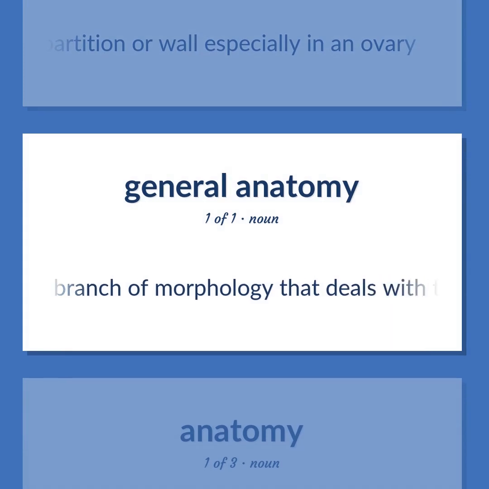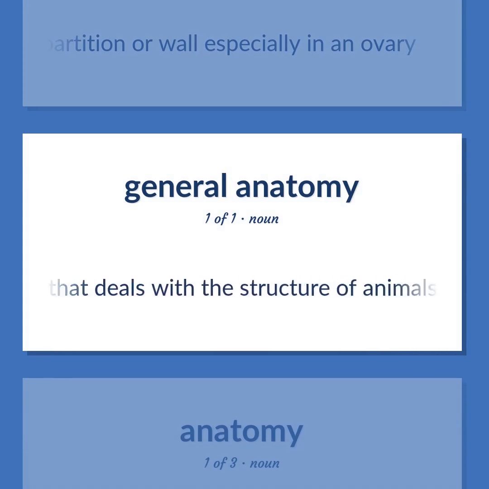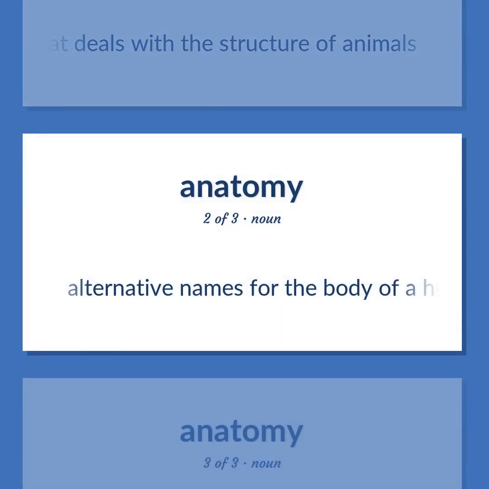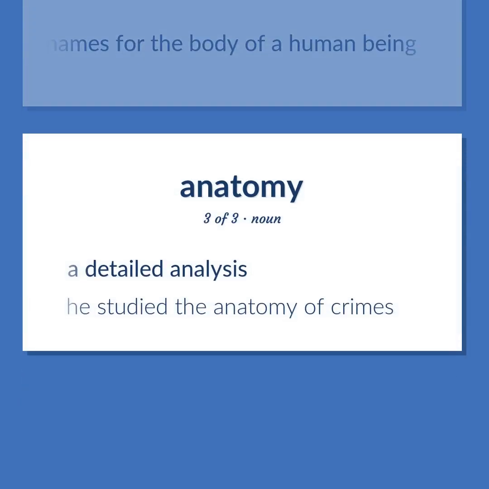The branch of morphology that deals with the structure of animals. Alternative names for the body of a human being. A detailed analysis. He studied the anatomy of crimes.